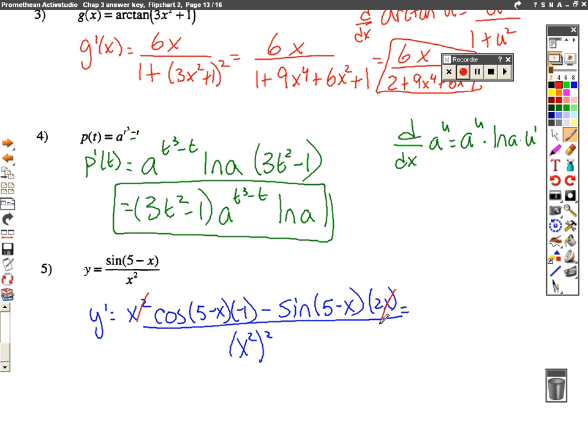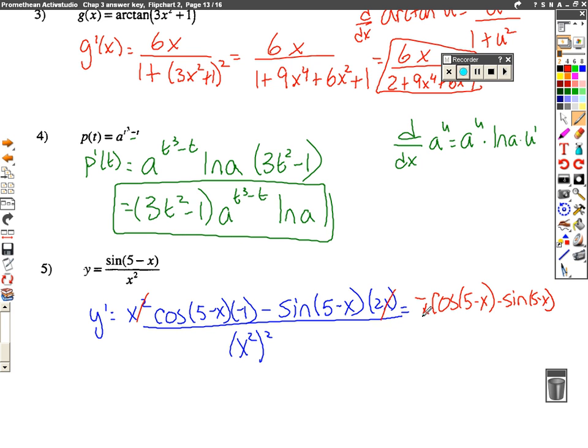So I would leave this like negative x cosine of 5 minus x, we have that x up front left over, minus 2 sine of 5 minus x, and the bottom is now going to have the power x cubed. I'm sorry, the term on the end actually had a 2 left over, so we've got 2 sine of 5 minus x over x cubed.